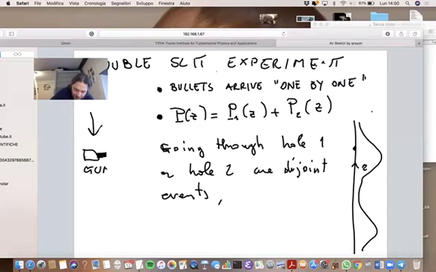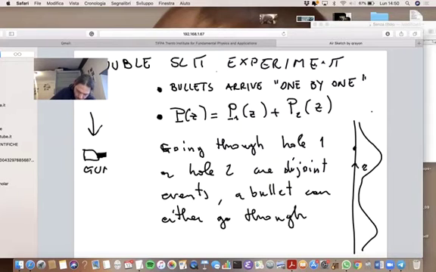Or stated differently, a bullet can go either through the former, which is hole one, or the latter, which is hole two.